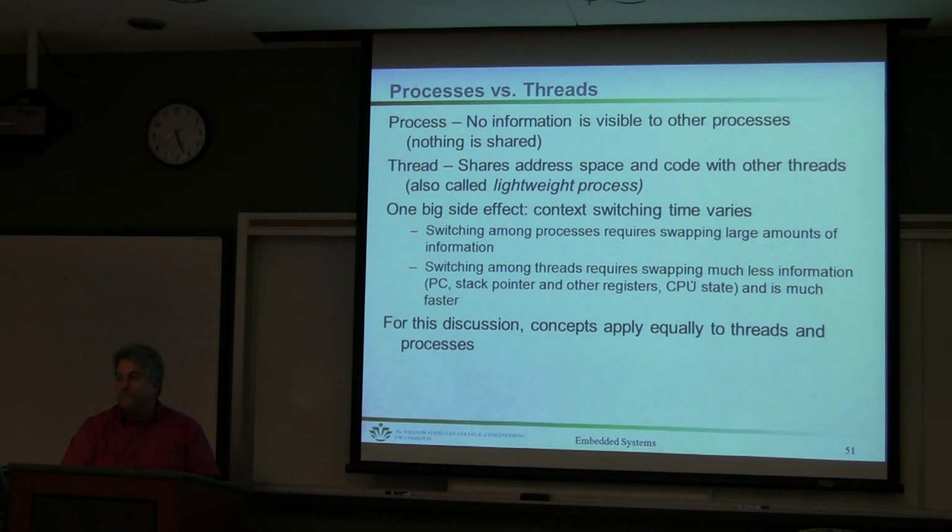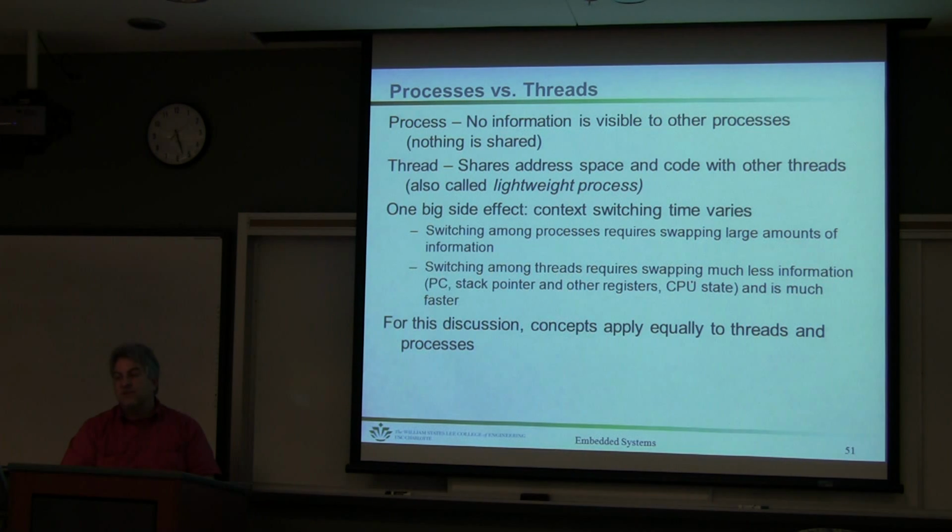By the way, what is the definition? If you have a process, that means that no information is visible to any other process that is running. So nothing is shared. You can't share information with each other except by using some sort of operating system mechanism. We'll see a little bit later on what those mechanisms could be. A thread, on the other hand, shares address space and code with other threads.